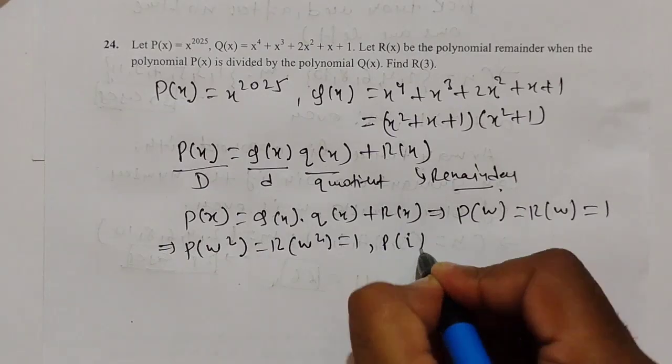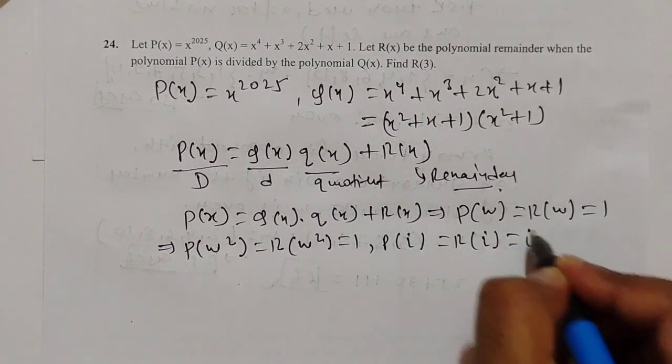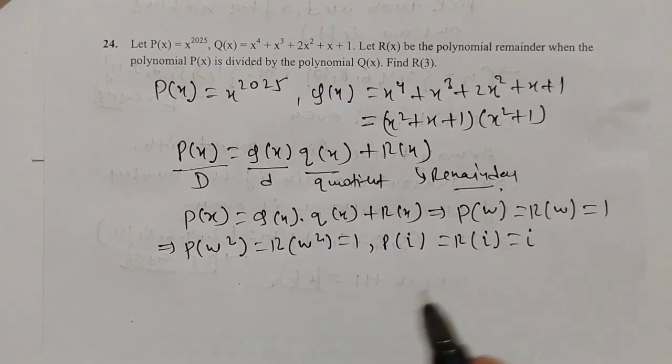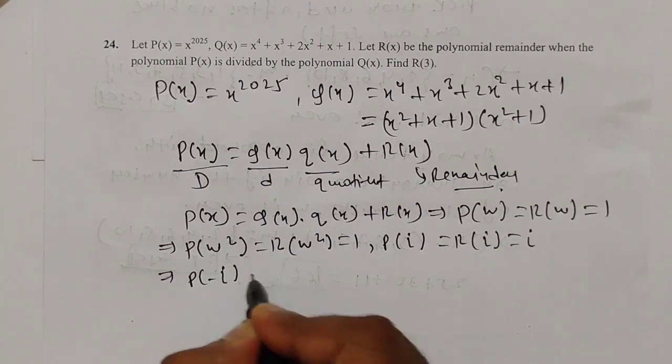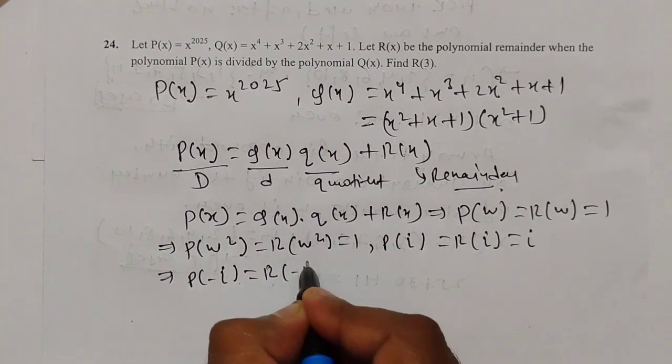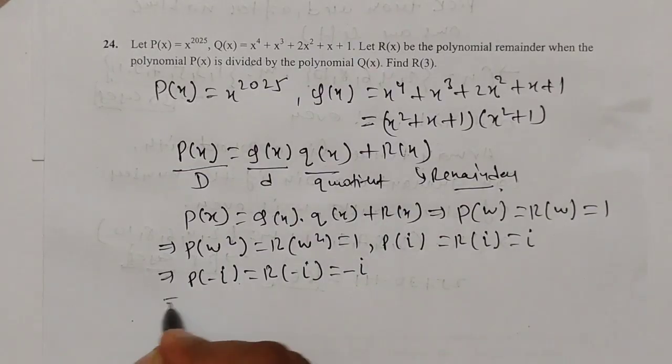P of i is equal to R of i is equal to i, and P of minus i is equal to R of minus i is equal to minus i.